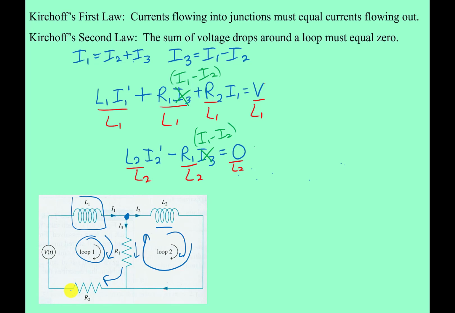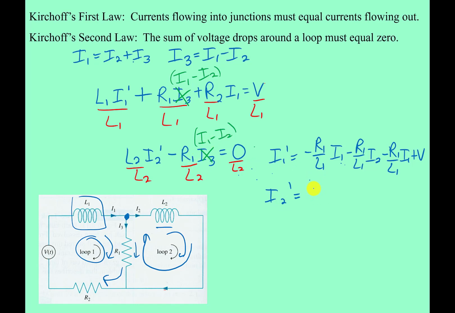All right, let's write down our system of equations in standard form then. We have I1 prime will equal minus R1 over L1 I1, and then we've got minus R1 over L1 I2, and then we have minus R1 over L1 I1, and then plus V. Now I2 prime is going to be just moving those over.